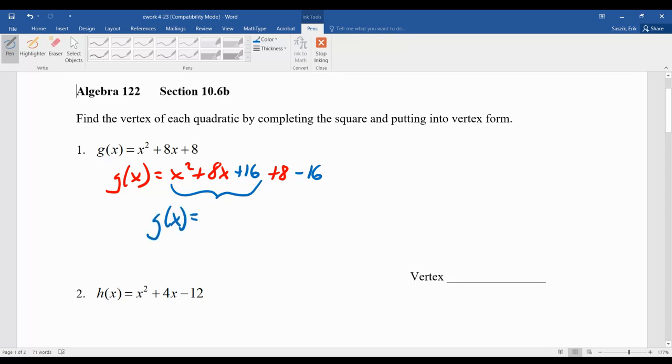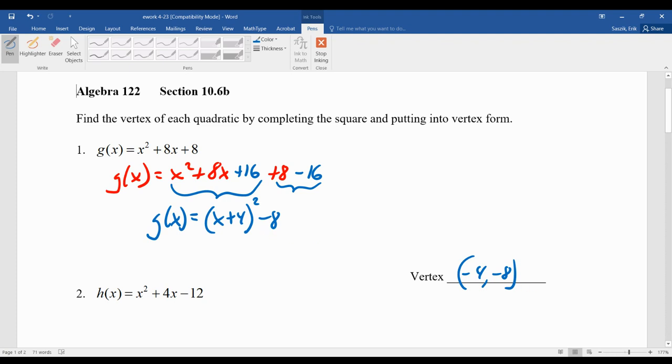The whole purpose of doing this is we created this perfect square trinomial. This will factor to x plus 4 times x plus 4. Instead of writing it twice, I'm just going to write x plus 4 squared, and then these two things together combine to -8. Remember, the vertex is whatever x value is going to make that come out to 0, which of course is -4.